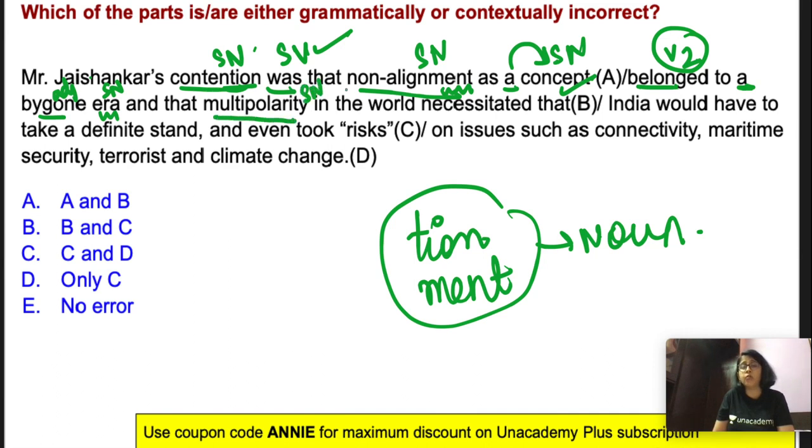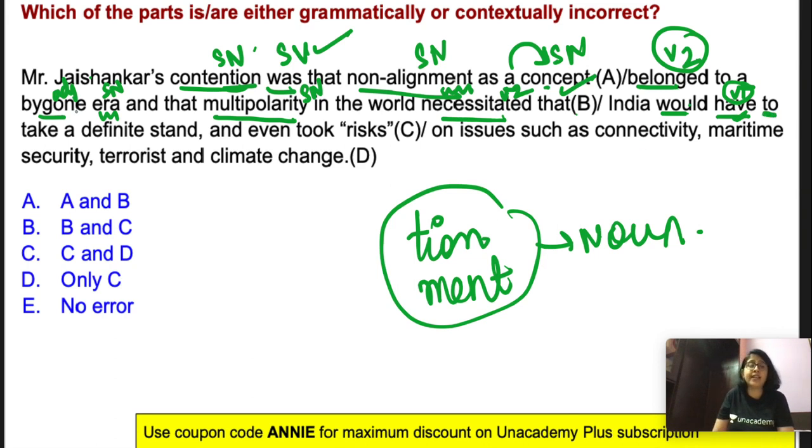multipolarity singular noun in the world necessitated V2, that India would have to, would is a modal verb, so modal verbs plus V1, have is first form of verb. Okay, have is in the first form, so would plus V1 have, correct.